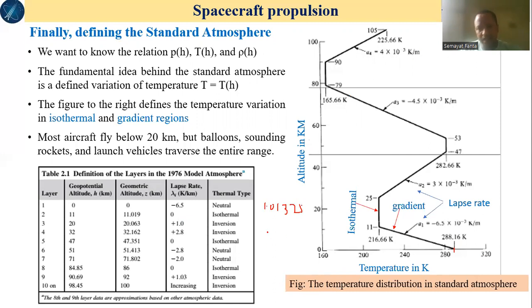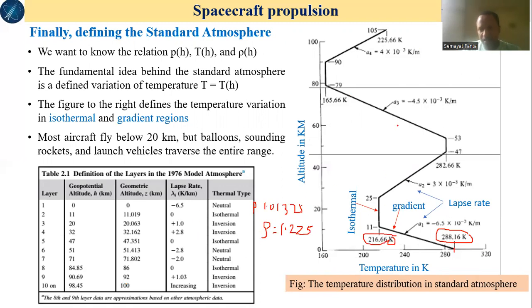The density is 1.225 kilogram per meter cube. The temperature at 11 kilometer is 216.66 Kelvin.